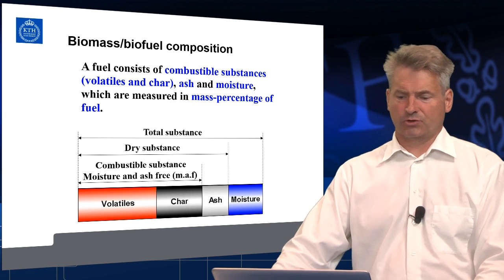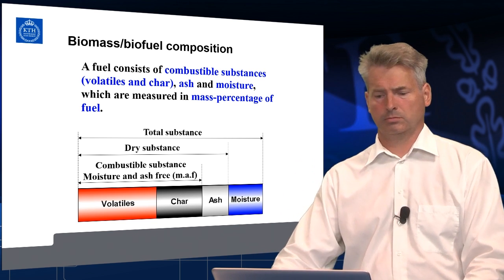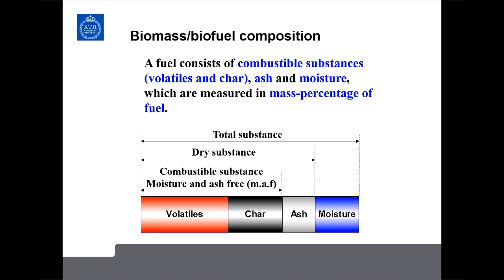So the composition of biomass or biofuel consists of combustible substances, which are volatiles and char, ash, and moisture. And these components are measured in mass percentage of fuel.